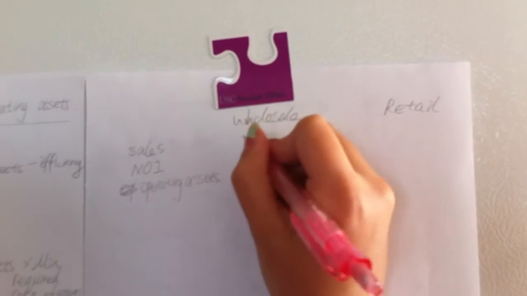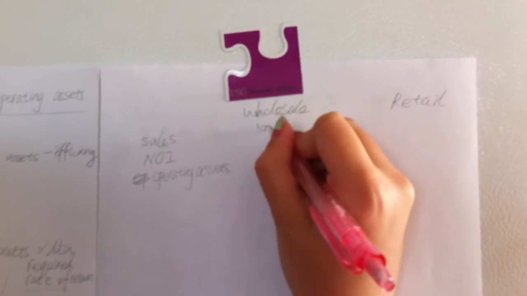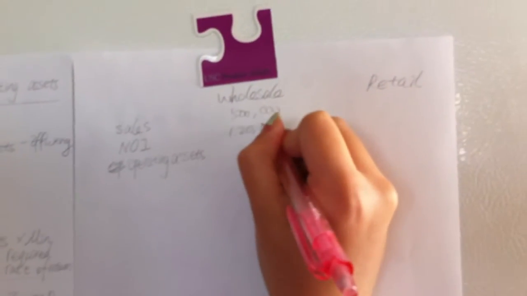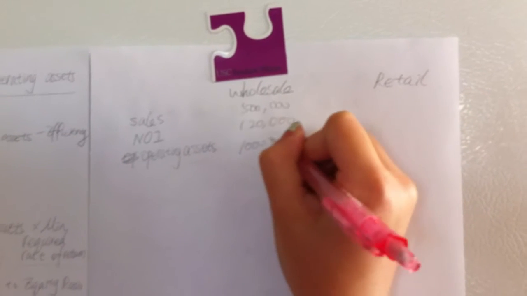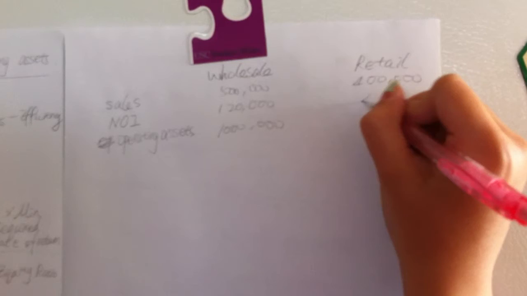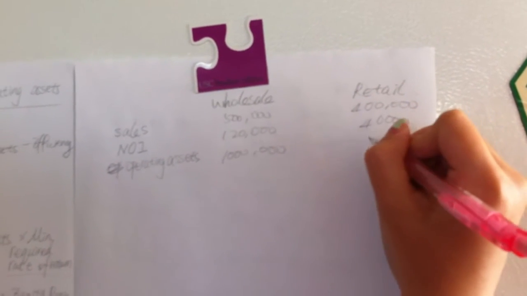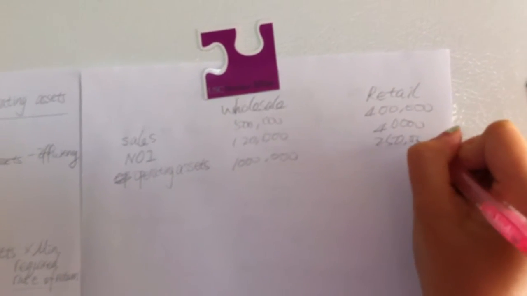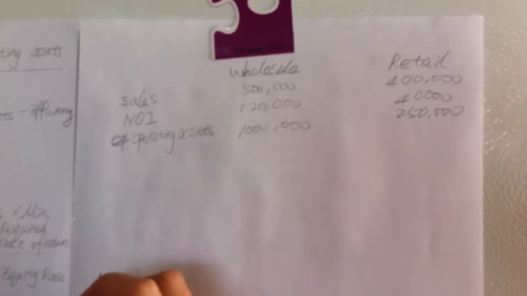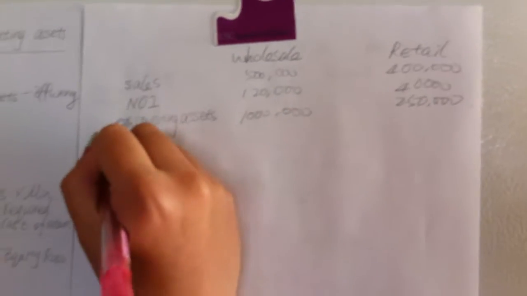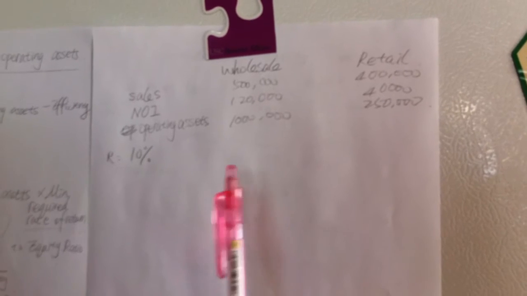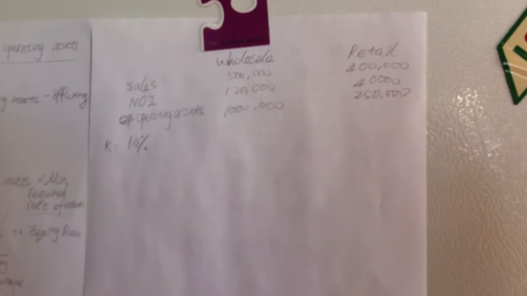And now it gives you all the numbers. $40,000. It tells you that the minimum required rate of return is 10%, and it asks you which division is doing better.